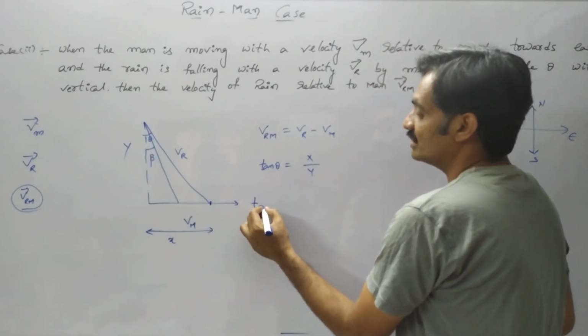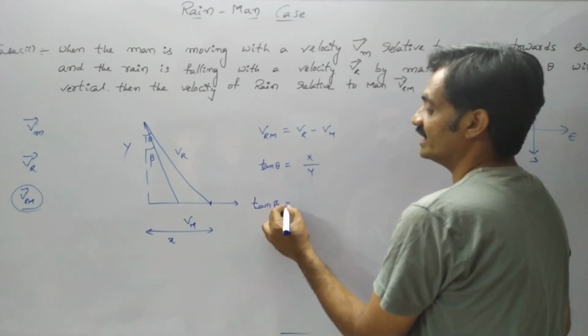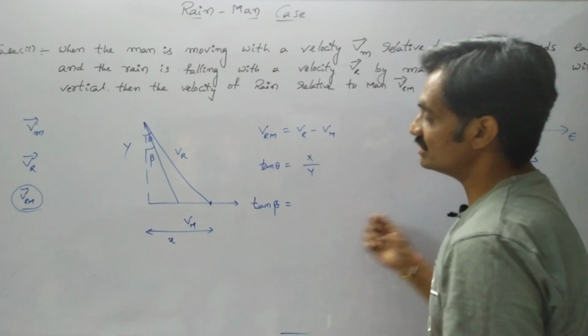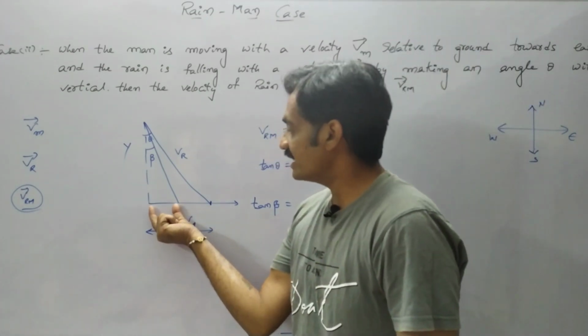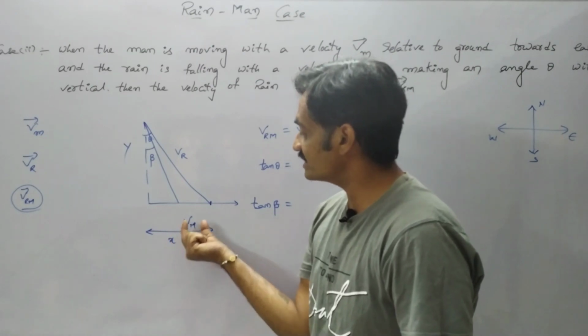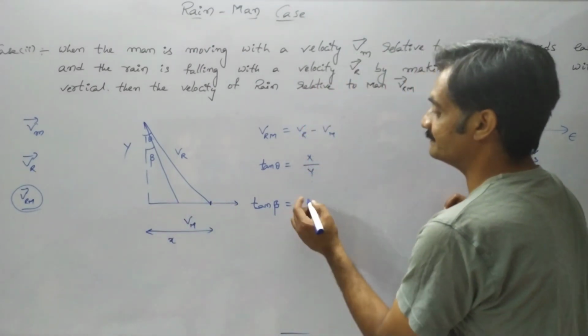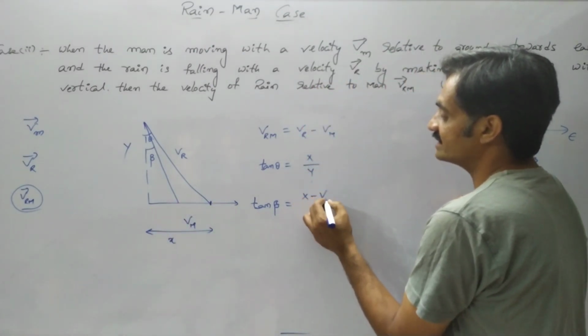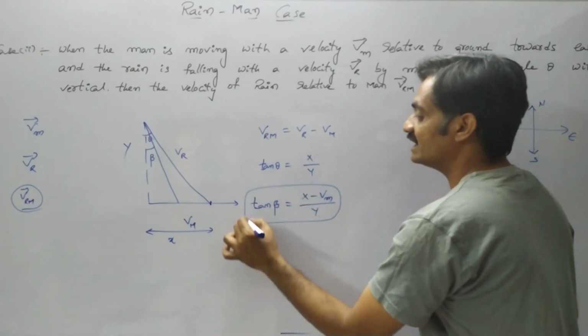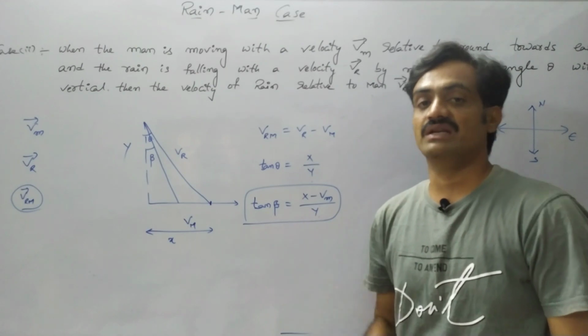The man has to hold the umbrella so that he may not get wet, and this angle is represented by beta, where tan beta equals x minus v suffix m by y. With this angle the man has to hold the umbrella.